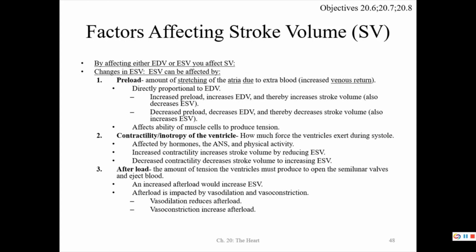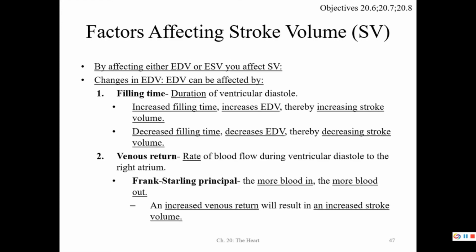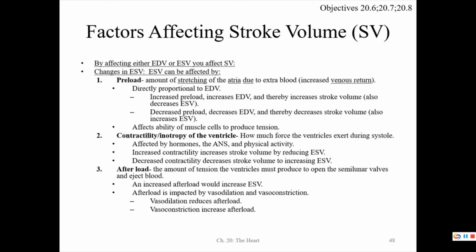Now, again, EDV, ESV. So let's change ESV. Three major things affect ESV. Preload, which is a little bit due to increased venous return. Increased venous return is the rate of flow. Preload is due to the increased venous return, the atrial wall stretches. Okay?